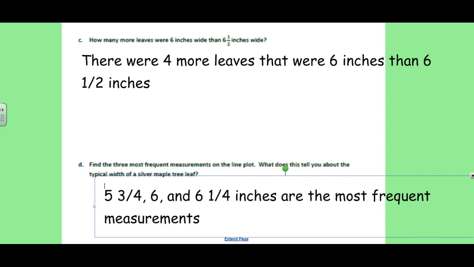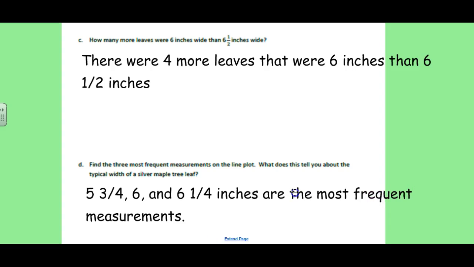Then it says what does this tell you about the typical width of a silver maple tree leaf?